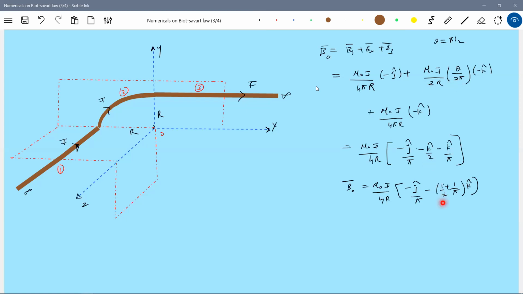Okay, check now. Theta substituting, so mu naught I by 4r, yeah, 1 by 2 will come. I made a correction here. Now let's take one more.